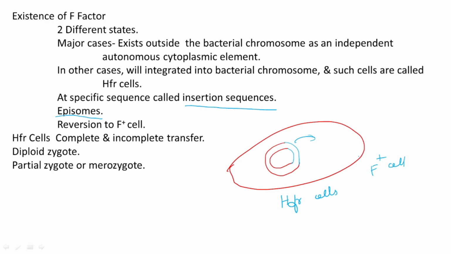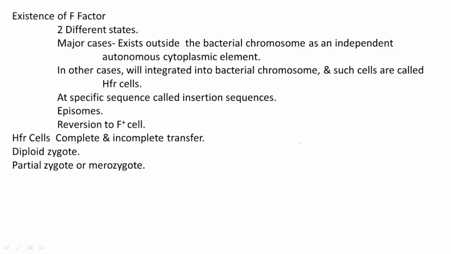Then that bacterial cell again becomes an F plus cell. Okay, then some other points we also need to know, that is, when that HFR cell shares its DNA with another F minus cell, that I am going to draw, F minus cell.